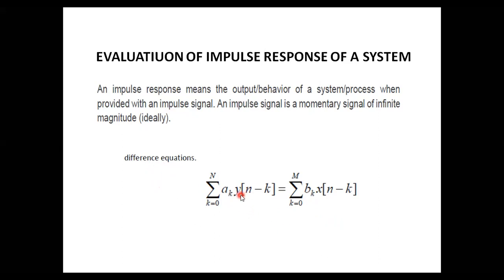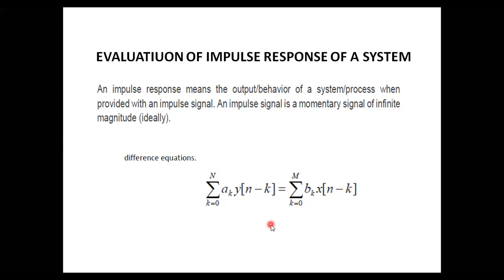So y[n] is your output, or system response, and x[n] is your input, or system excitation. On the LHS is y[n], and y[n minus k] is a delayed version of the output, and on the other side x[n minus k] is a delayed version of the input. This equation is known as the difference equation.